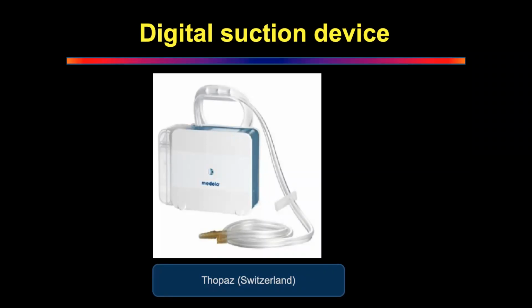It is portable. It has an inbuilt battery with a life of about 6 to 8 hours. Most importantly, it gives you a graphic representation of what is happening at that moment, and of what has happened over the last 24 to 48 hours. You can go back and see the whole graph and decide on the spot whether the drain can come out or not. Does it make sense?